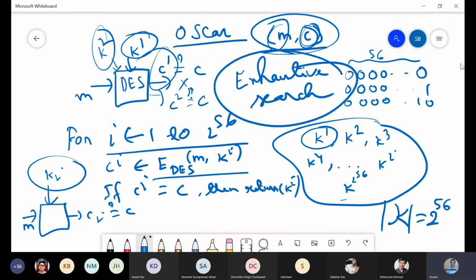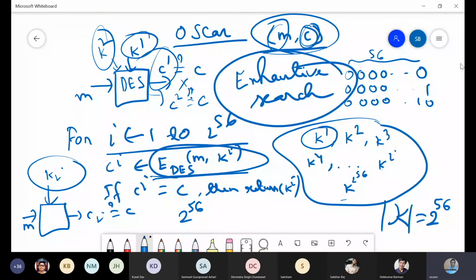So how many times can this run in the worst case? What is the time complexity for this kind of attack? 2 power n, sir. Yeah, n is 56. So we have to run this 2 to the power 56 times. And each time what we are doing?